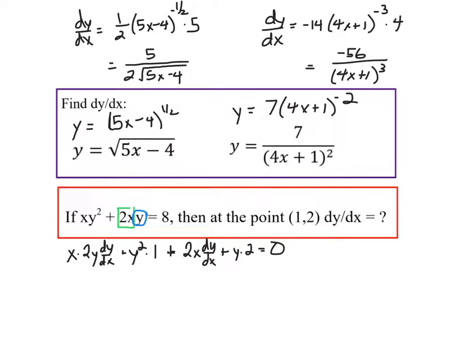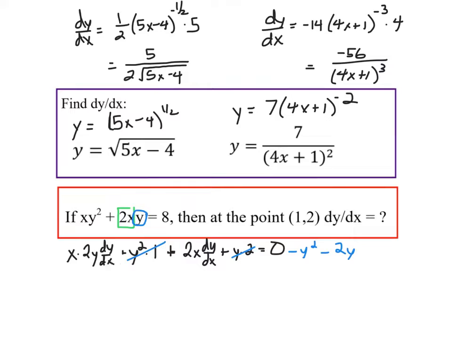Now, we want to move dy dx stuff on one side and non-dy dx stuff on the other. I am going to subtract a y squared from this side and subtract a 2y, like that. And now you'll notice I have these two terms with dy dx.